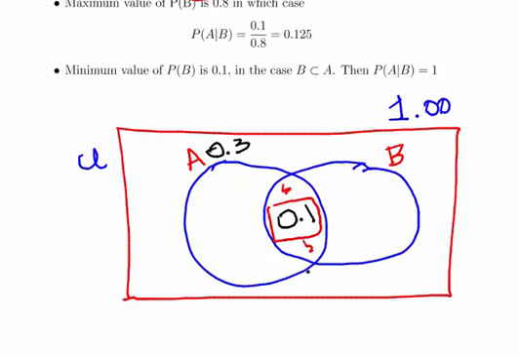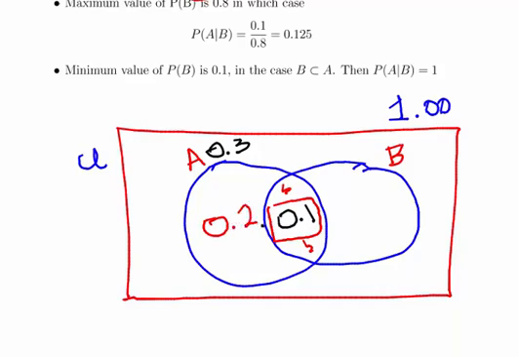So if the entirety of what's inside A is 0.3 and this area here that's in both A and B is 0.1, that means what is left here is 0.2.